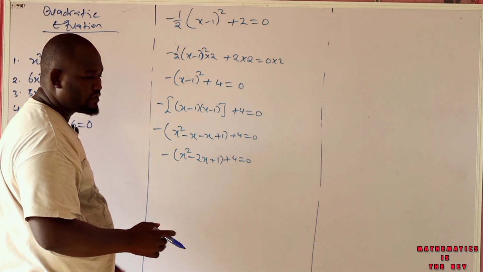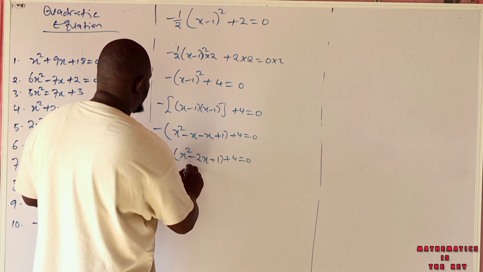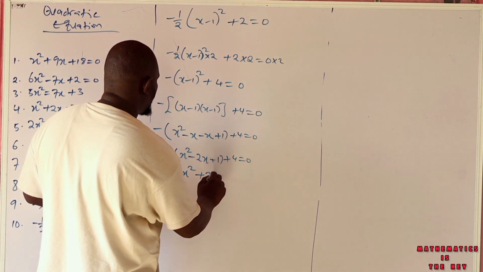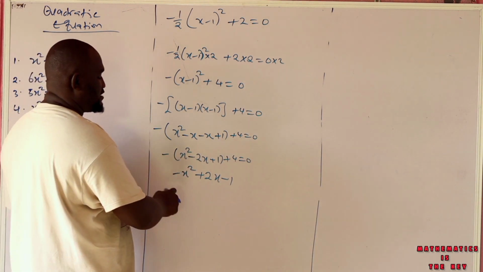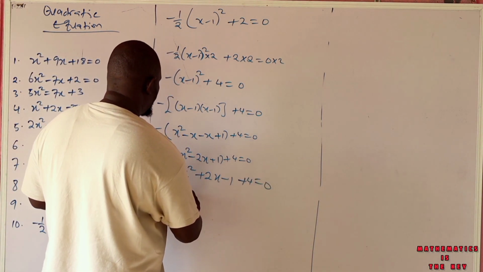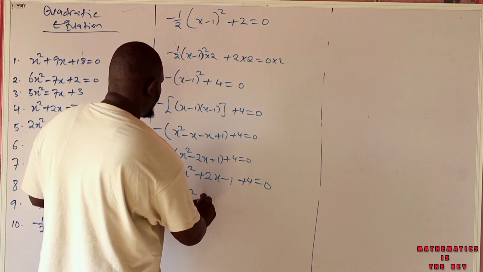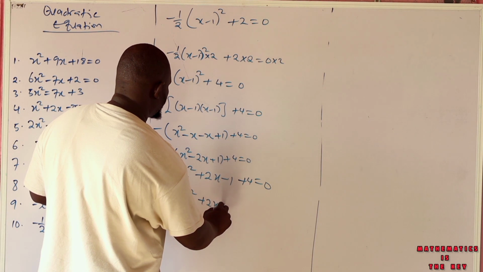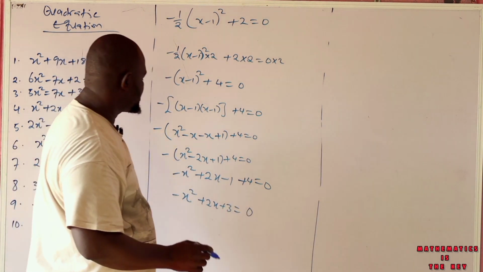If we expand this bracket, we'll have minus x squared plus 2x minus 1, the negative affecting all of them, plus 4 is equal to 0. Simplifying further, we have minus x squared plus 2x plus 3 is equal to 0.